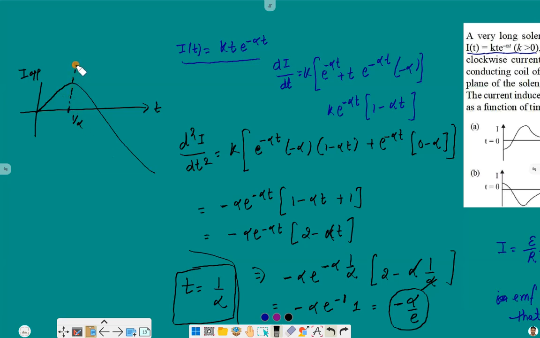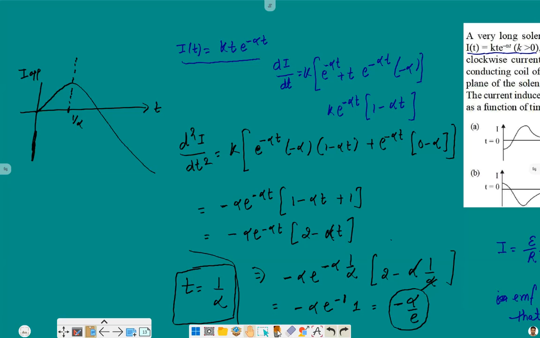So if our actual current is behaving something like this, then our induced current, which is directly proportional to it but with opposite sign, will behave in an opposite manner.